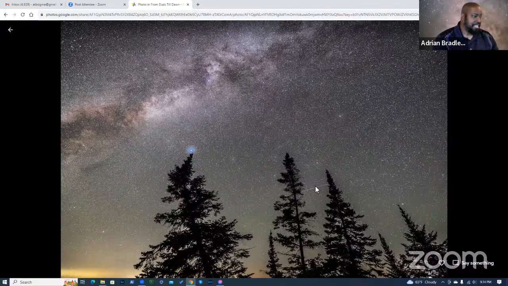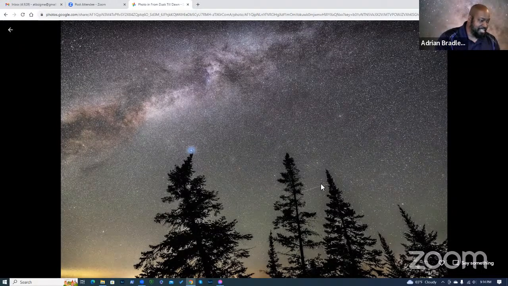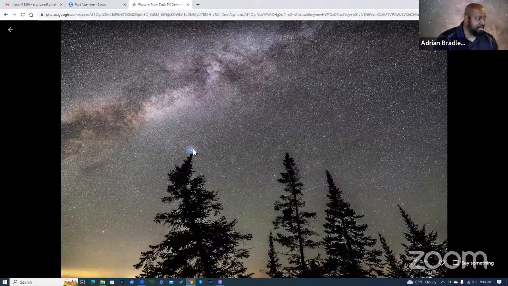Now, these are the type of images where some part of it is composition, part of it is luck. It happens to connect these two trees. That it's nice, but I purposely sat in a location where Vega sat right here, and with haze showing up in this night sky, and this is the Cygnus Rift.